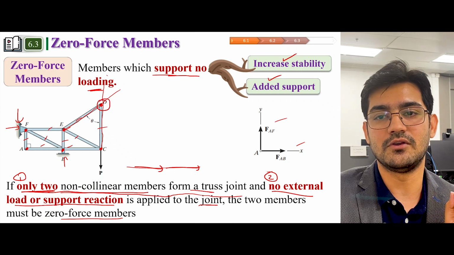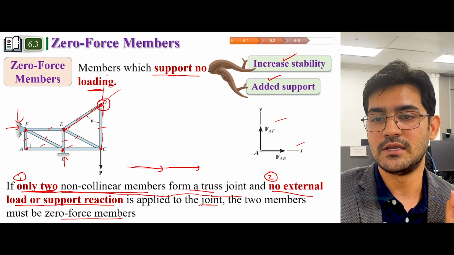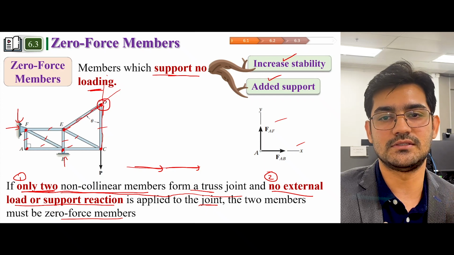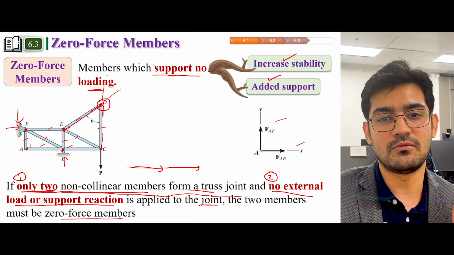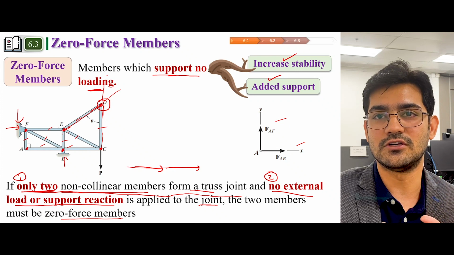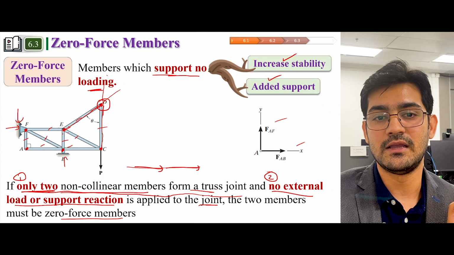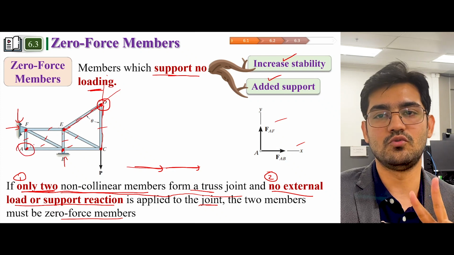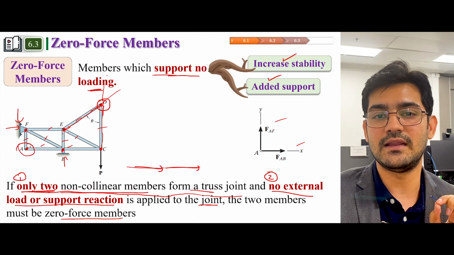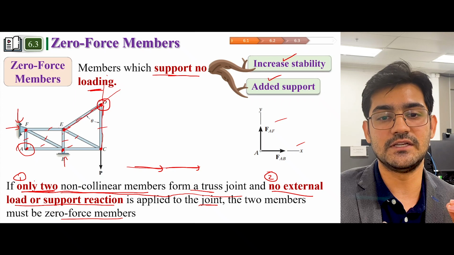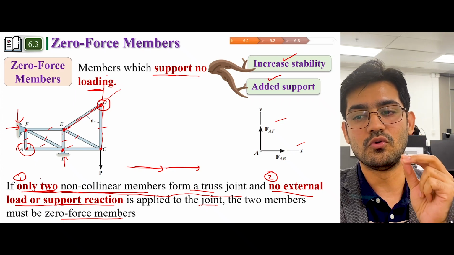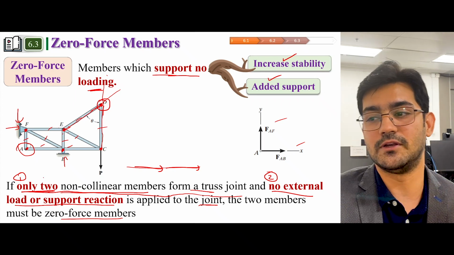D is a candidate because joint D has only two members. C has three members, so it's not. E has 1, 2, 3, 4 members, so they are definitely not zero force members. Joint A also has only two members. So D and A qualify for this first condition.